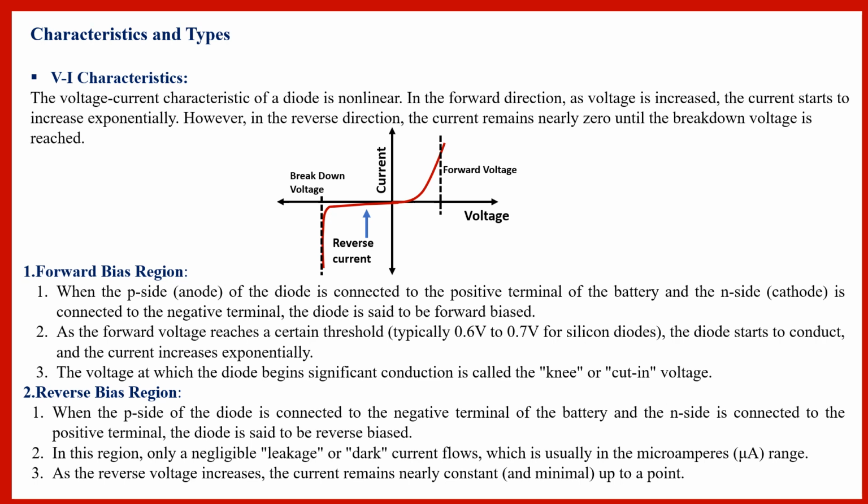And when we see the reverse biasing, as you may see here, the current increases in the reverse direction corresponding to the applied voltage, and up to a certain value. When that point is reached, there is a sudden rise in the current in the reverse direction, and we call that the breakdown voltage.